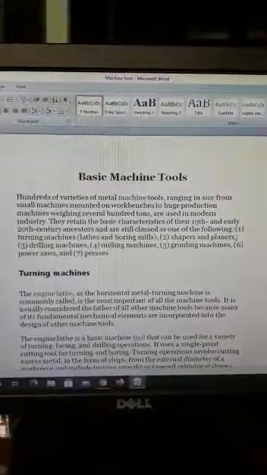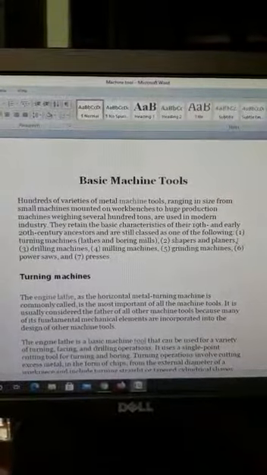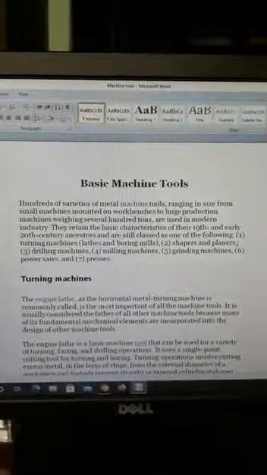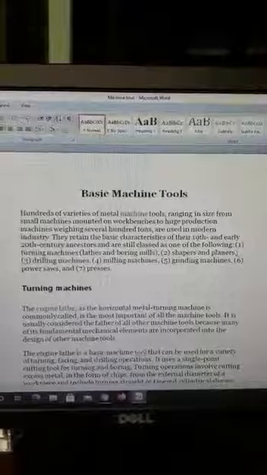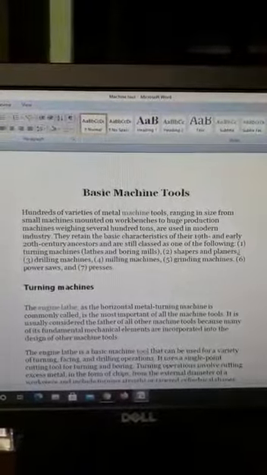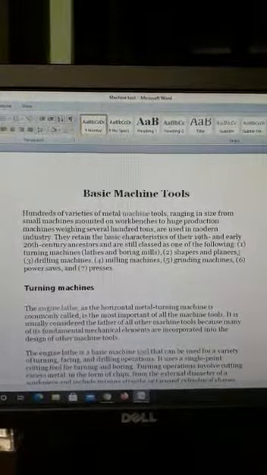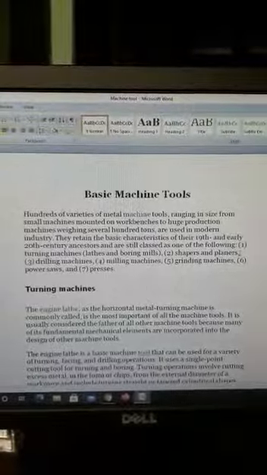Hundreds of varieties of metal machining tools, ranging in size from small machines mounted on a workpiece to huge production machines weighing several hundred tons, are used in modern industries.